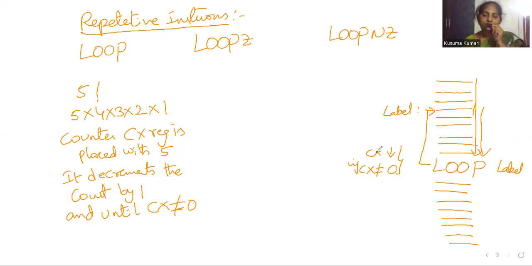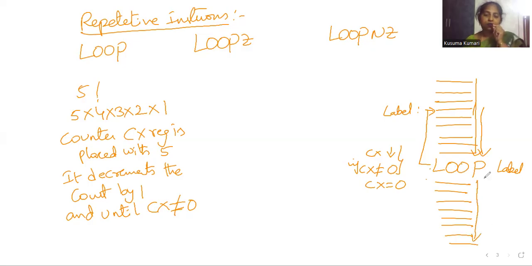Again the loop instruction, so CX is decremented by 1. If it is not equal to 0, again it jumps to the specified address location, and the instructions are executed. If at one particular time CX becomes 0, then the microprocessor execution comes out of the loop, and the remaining instructions are executed.